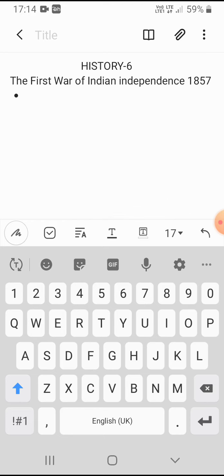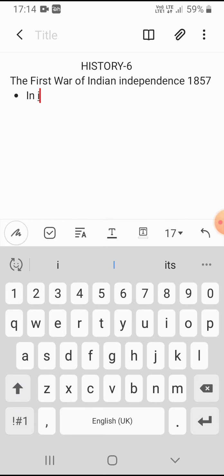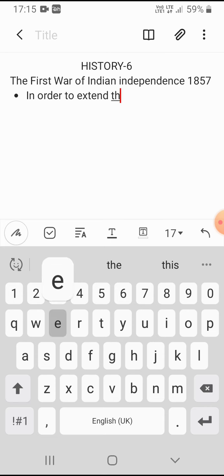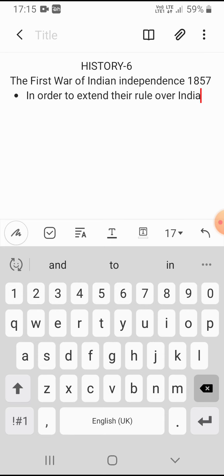In order to extend the British rule over India, they brought the subsidiary alliance.